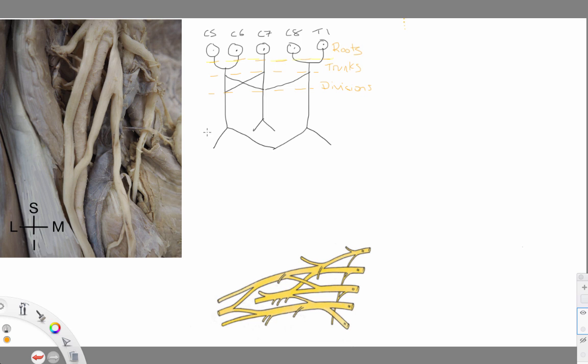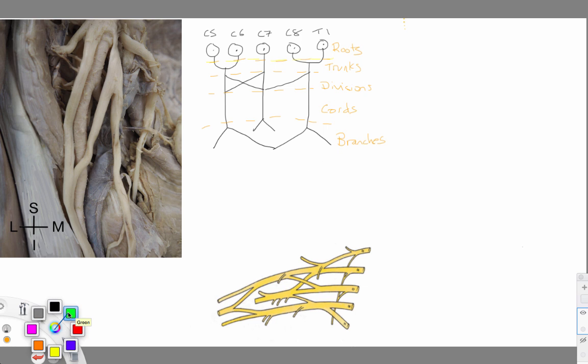The main body of them all is the cords, where we have a lateral and a medial cord, and in the center a posterior cord, and then our final terminal ends here are the branches. So I like to remember this as Read That Damn Cadaver Book.